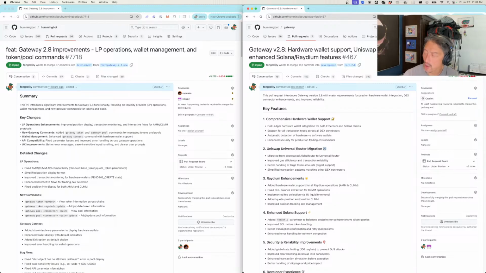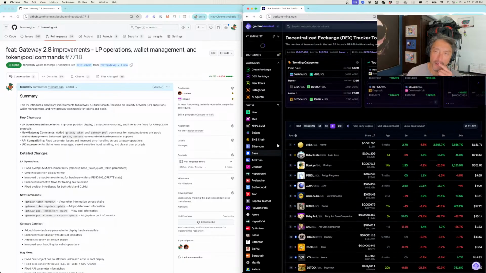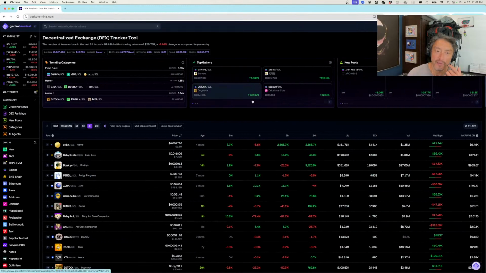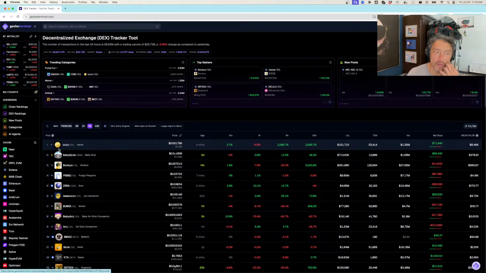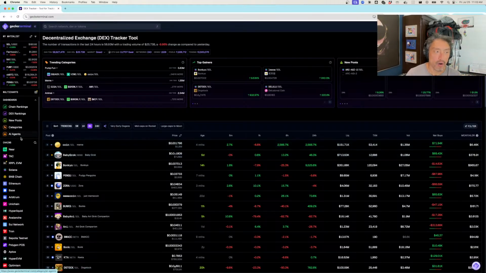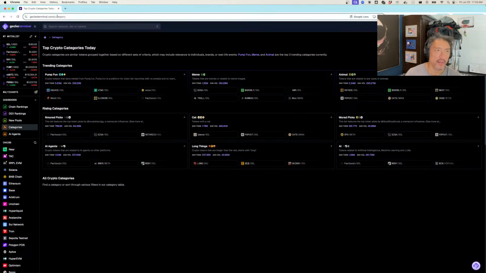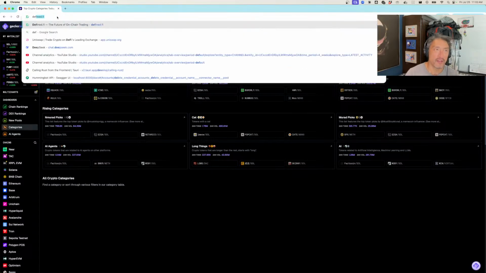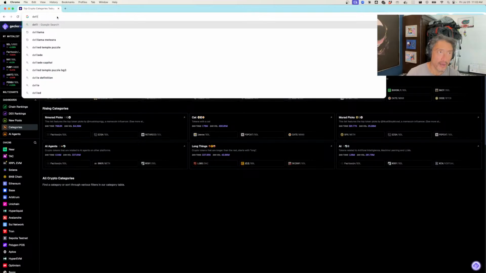By DEX strategy, I would say there's different ways to make money in DEXs. If you look at Gecko Terminal, for example, these are all AMMs. Actually, I guess DeFi Llama is probably better for categories.